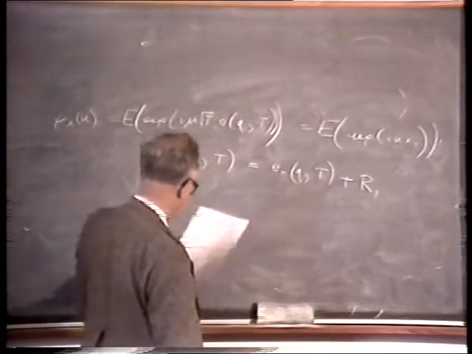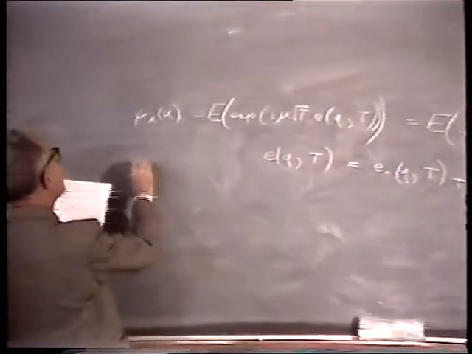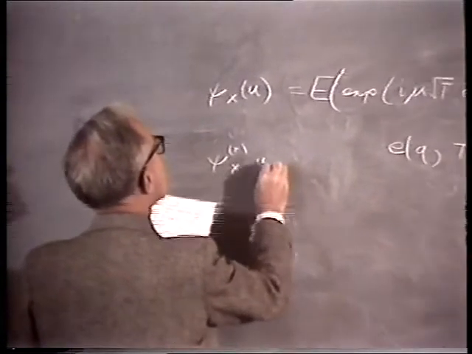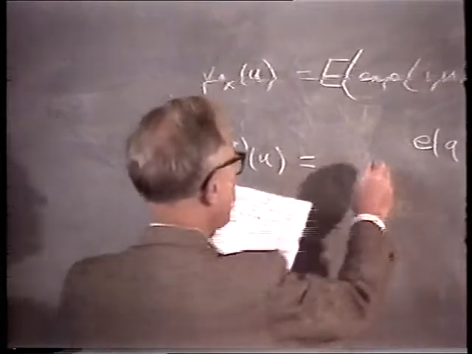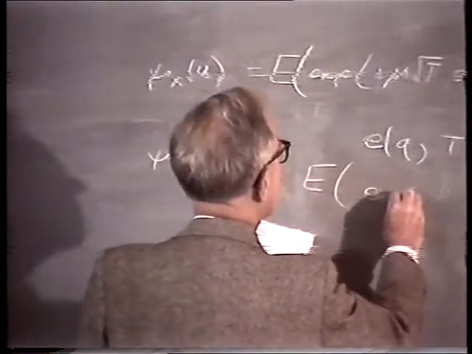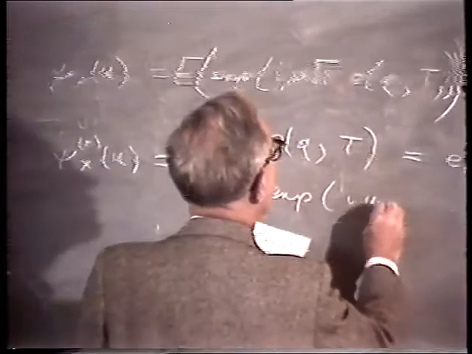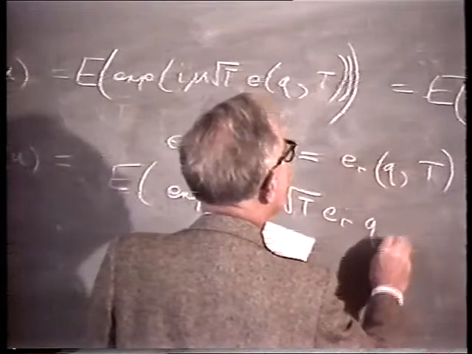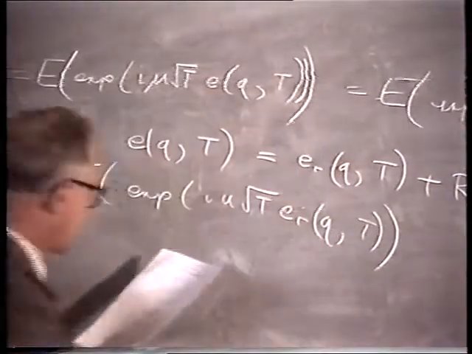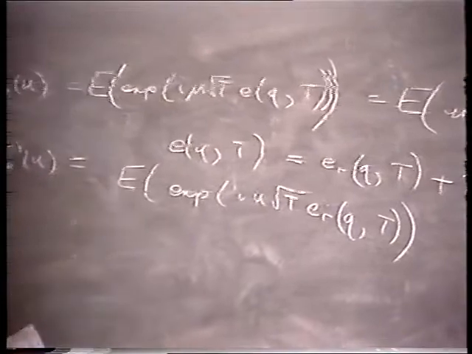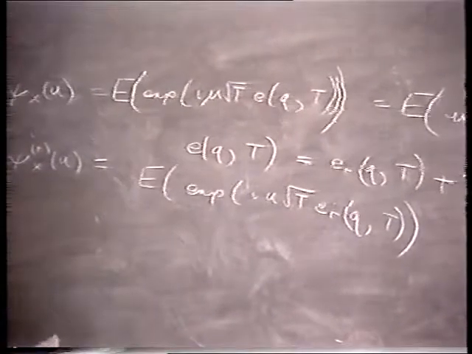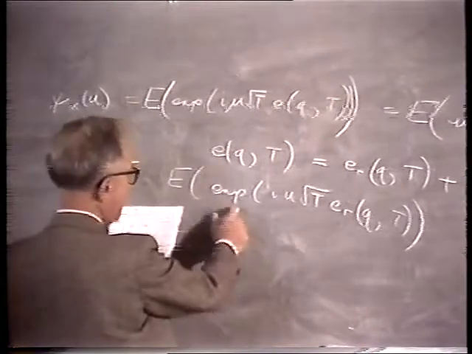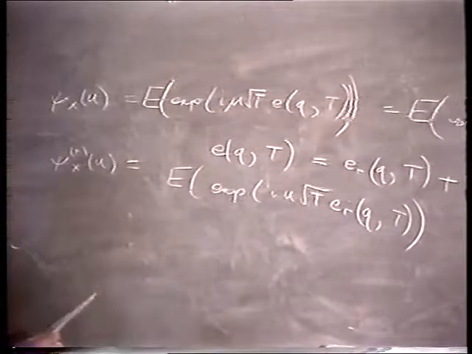Then what we're going to do is to look at the first approximation. The first approximation is of the form, and I'll write it, the corresponding thing with ER in place of E. And then the next thing we're going to do is simply to retain R terms in the power series expansion for the exponential.